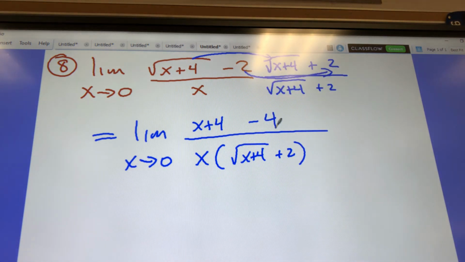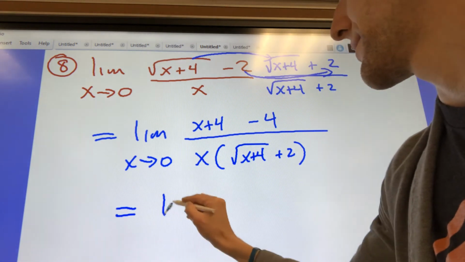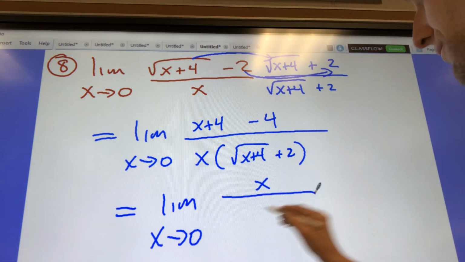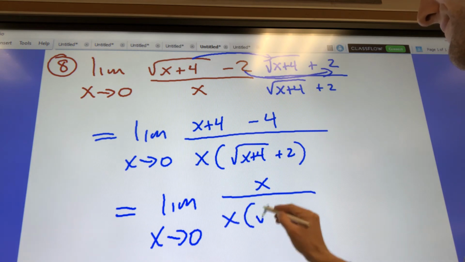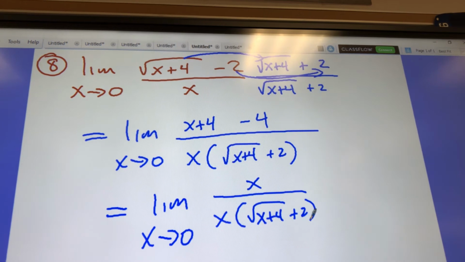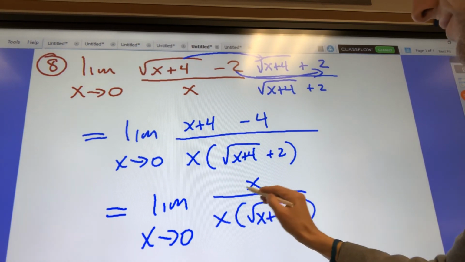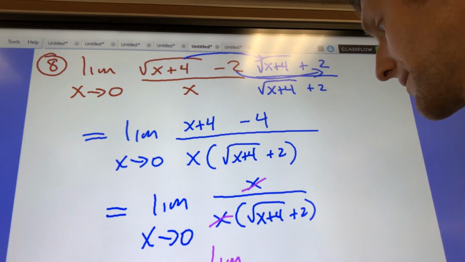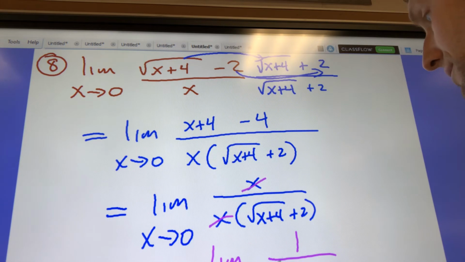Plus 4 minus 4 cancels, leaving you with the limit as x goes to 0 of x over x times this conjugate. Now this is great because the x's cancel. Now be careful here. I'm seeing too many errors and it's not a good error. This is going to be 1 over root x plus 4 plus 2.